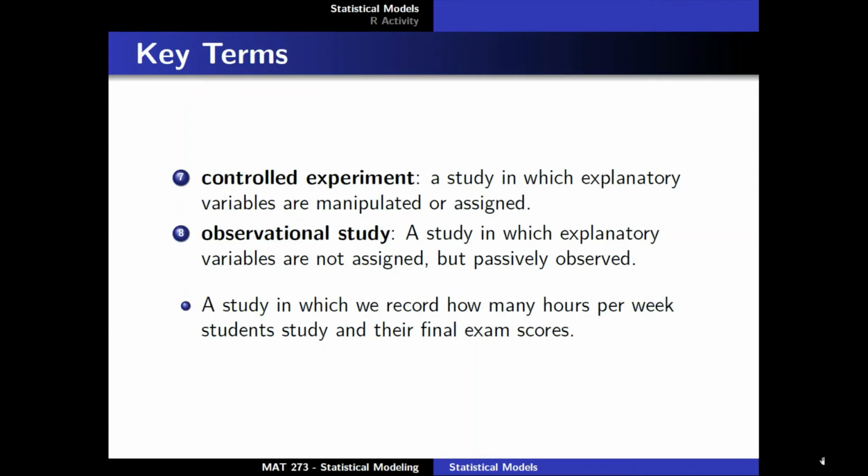Okay, so here, this would be an observational study because we are not assigning or telling the students how many hours per week to study in our research study here. We're just recording how much they reported themselves studying, and then also just observing what their final exam scores are. We're not assigning them final exam scores.